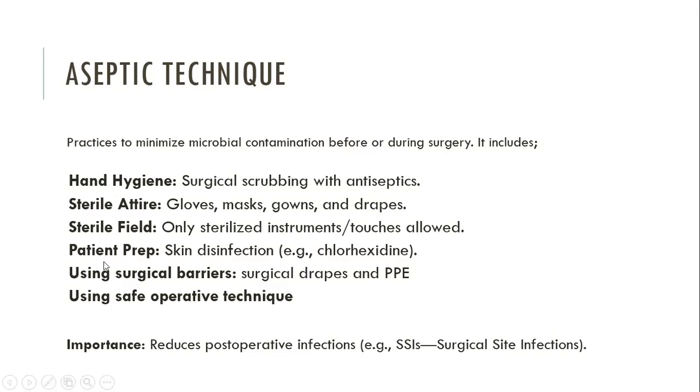Patient prep is again a very important part of aseptic technique, in which the patient's skin should be disinfected with chlorhexidine, and the surgeons must use surgical barriers like surgical drapes and PPEs. Using safe operative technique is again a very important part of aseptic technique.